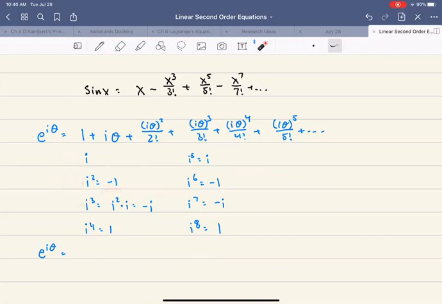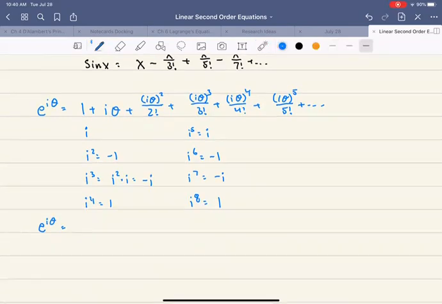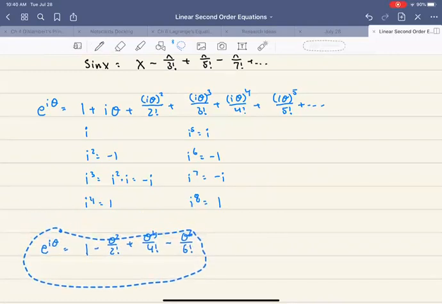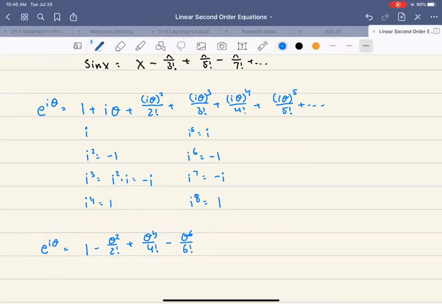So e to the i theta is going to be 1, minus theta squared over 2 factorial, plus theta to the 4th over 4 factorial, and the next one would be to the 6th, with a negative. It's going to keep on going like that.